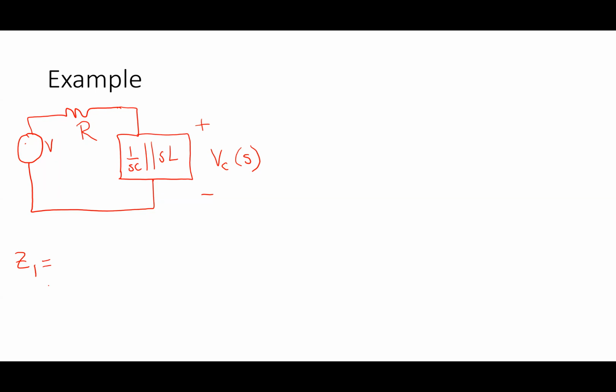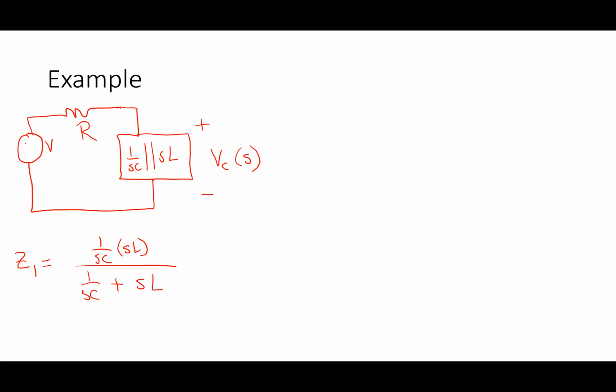I know in my head that this becomes 1 over SC times SL, 1 over SC plus SL. If I have two things in parallel, that's what the parallel impedance formula becomes. If you didn't know that, it's 1 over the sums.